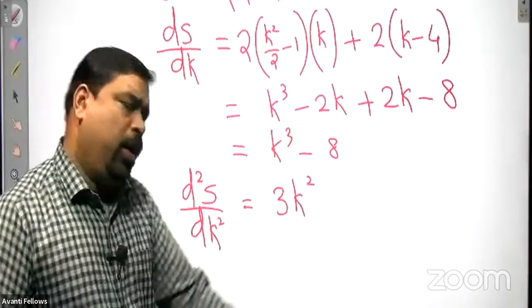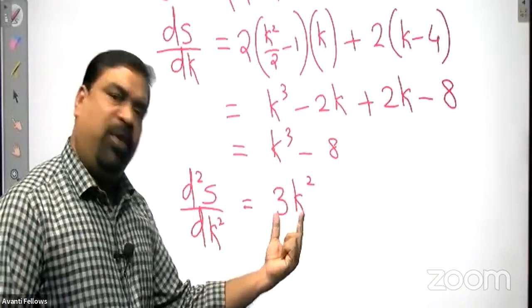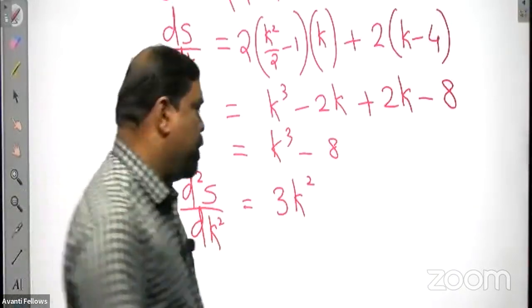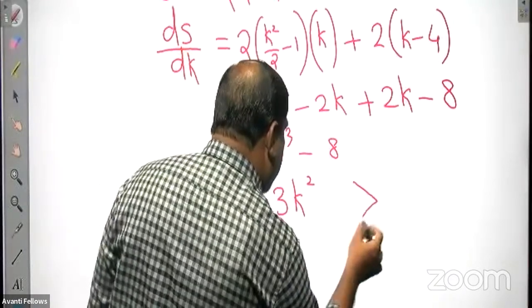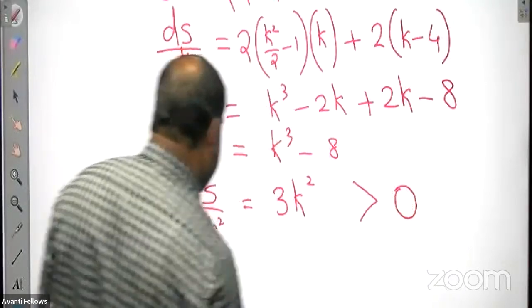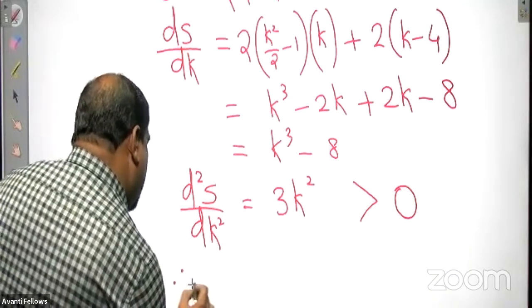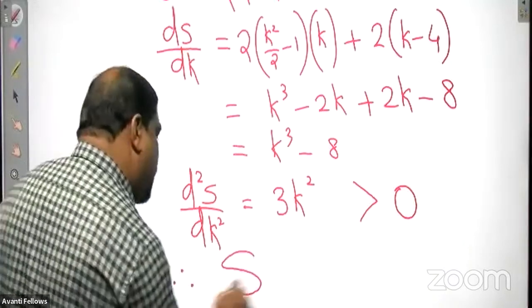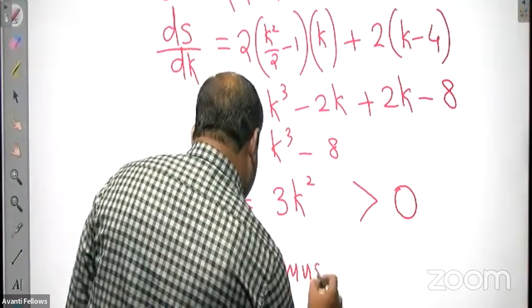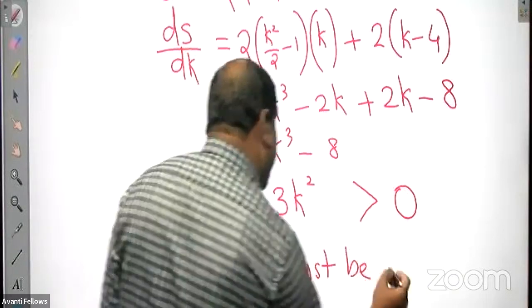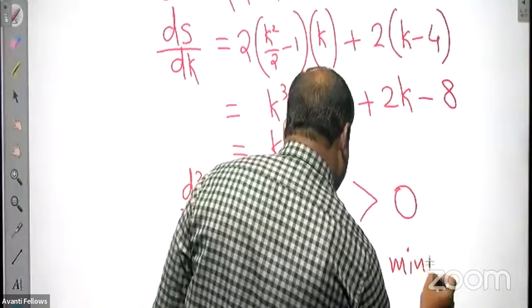Whatever you put for k, the 3k square will be always positive. So from here itself, we can confirm that s must be minimum.